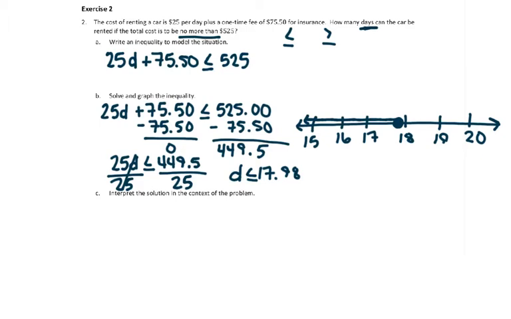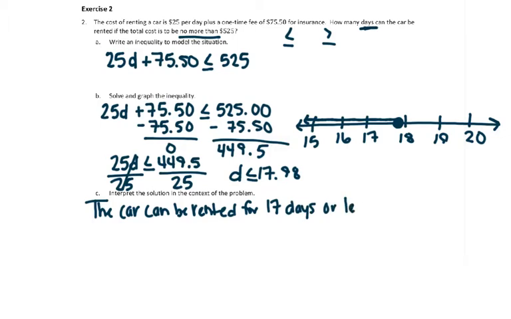What we can say is that the car can be rented for no more than 17 days, because if we say the car can be rented for 18 days, it will take us over that $525. So we're going to say the car can be rented for 17 days or less. And that is how we interpret the solution to our inequality.